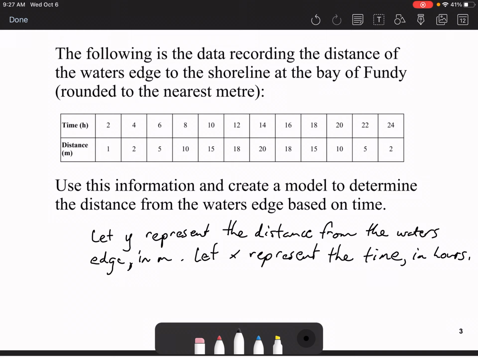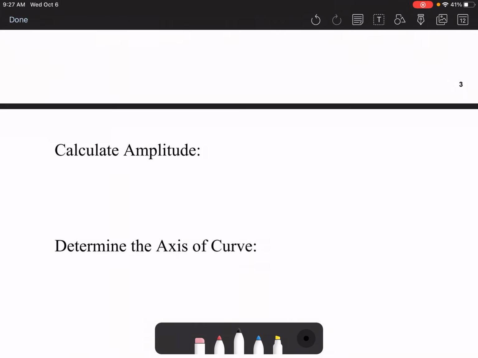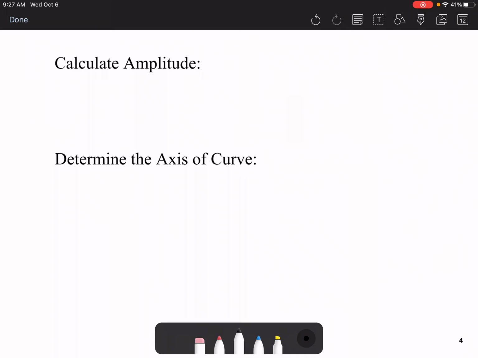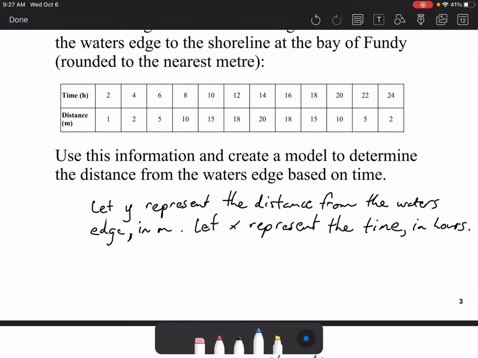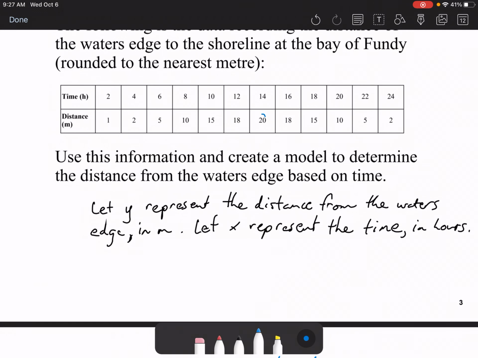Now remember, in order to find some of these pieces of information for our item, we want to first calculate our amplitude. So to calculate our amplitude, our value for a, we're going to take whatever the maximum value was, subtract the minimum, and divide by 2. So here our maximum value is 20, our minimum is 1.